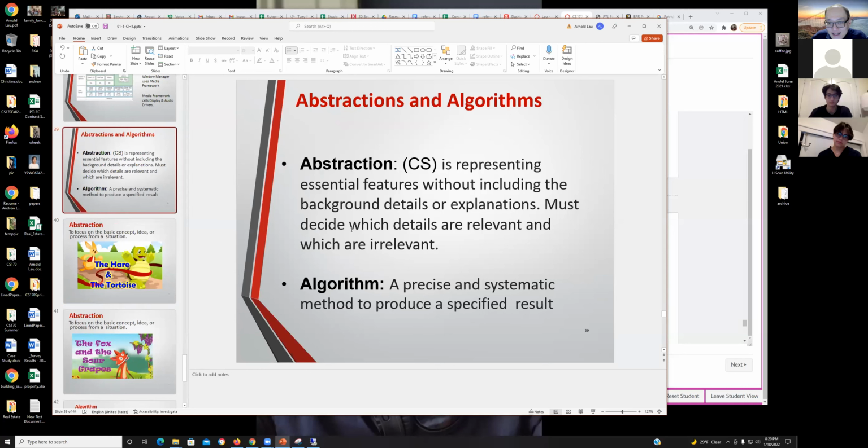Okay. Another concept for computing is this idea of abstraction, right? You can read this on your own, but let me give you an analogy here that you might understand. I don't know if most of you drive a car, but let's say you drive a car. When you get in the car and you turn the steering wheel or you step on the brake, all you know is that the car turns or the car stops, right?